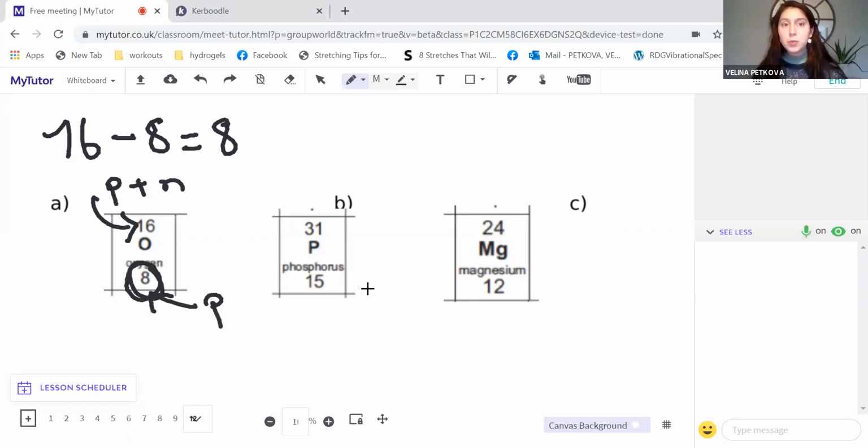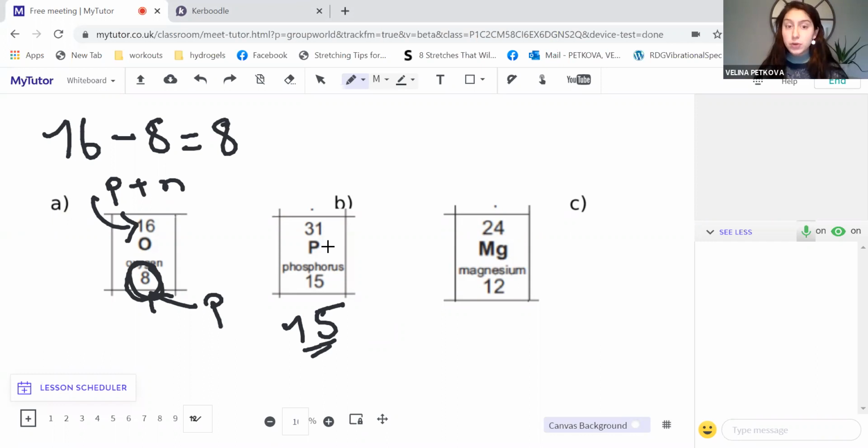Okay, so what about B? Number of protons is 15. Yeah, great, lots of correct answers. Perfect. Number of neutrons are what? Some of you guys have already said that. Yeah, perfect.